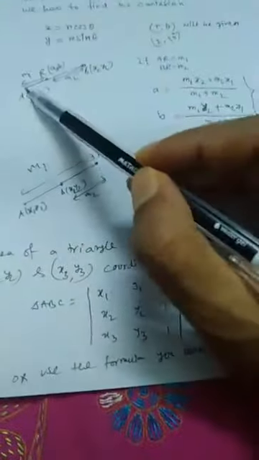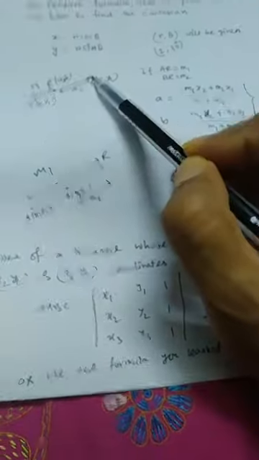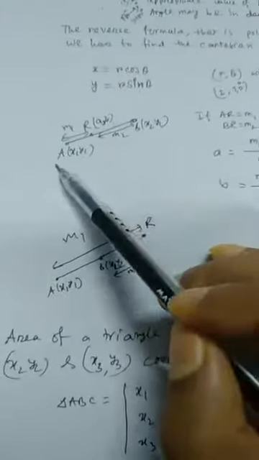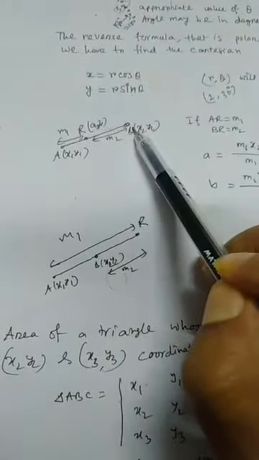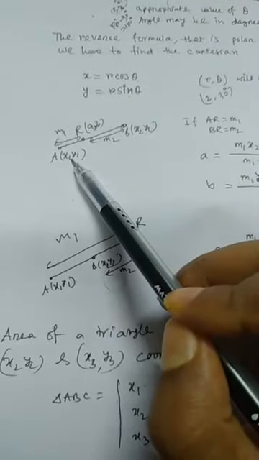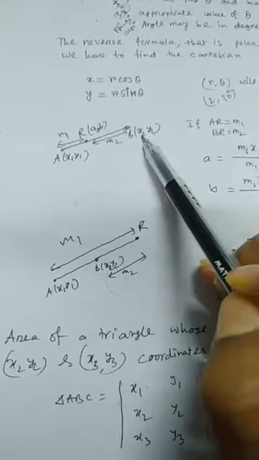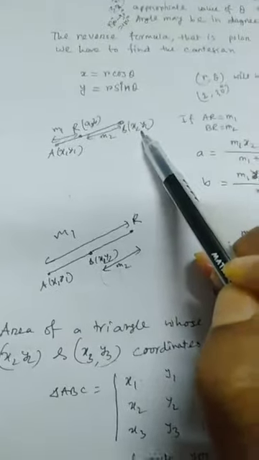Now the second formula is this one. Two points will be given, A and B. Say the coordinate of A is (x1, y1) and the coordinate of B is (x2, y2).